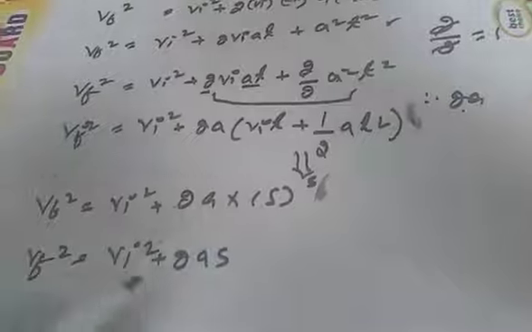So we get vf² is equal to vi² plus 2as, or we can write it as 2as is equal to vf² minus vi².